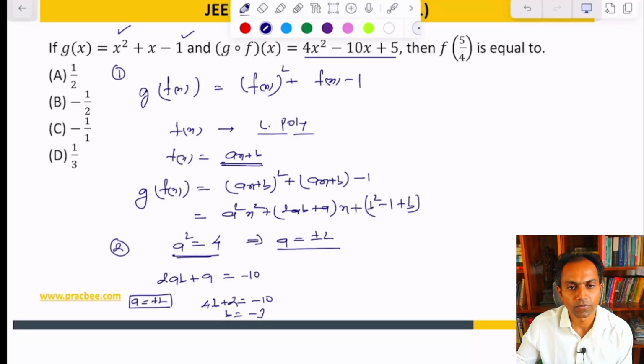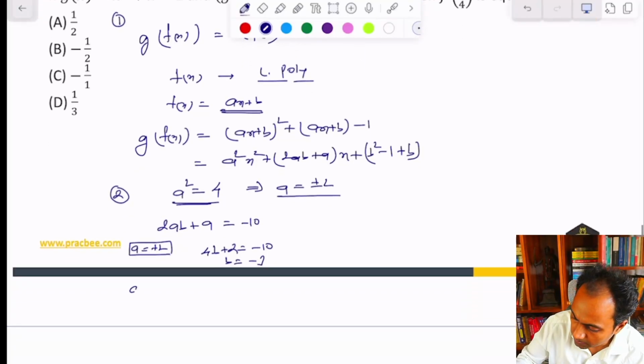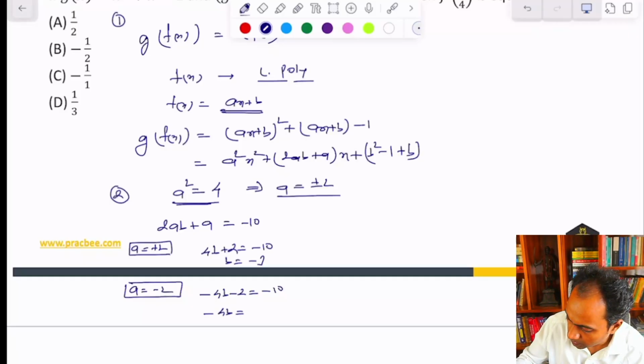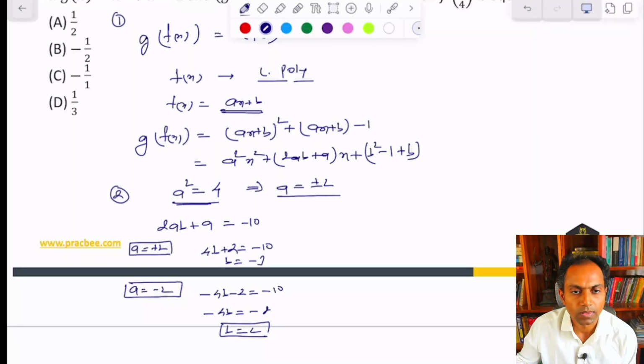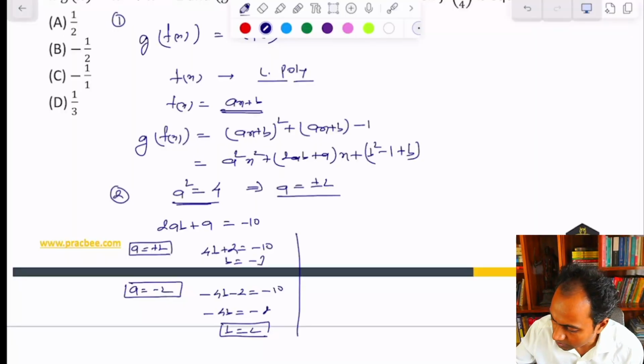This is one kind of value. Another one can come if I put a as minus 2. Then this will become -4b - 2 = -10. -4b = -8, so b comes out to be 2. This is another value.